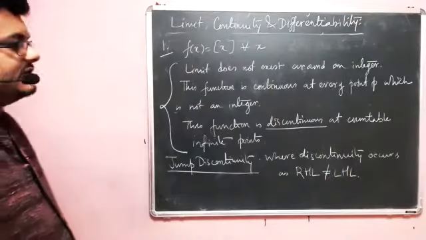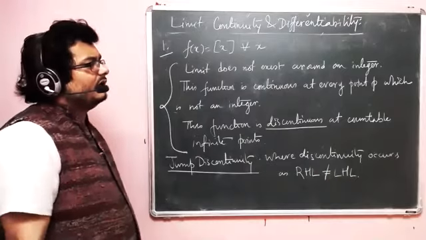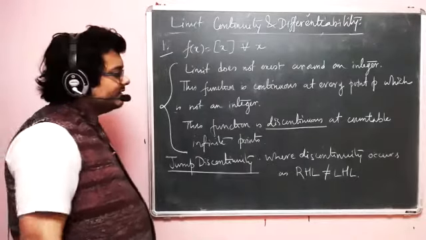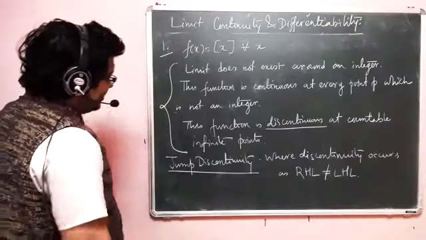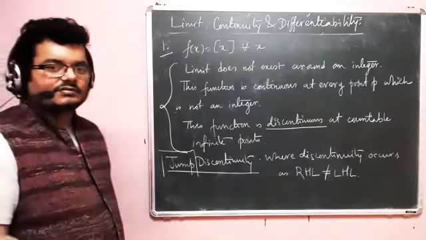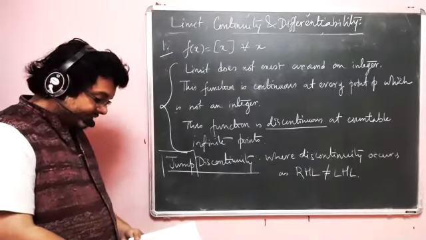So that is called jump discontinuity. Suddenly there is a jump. If you look at the diagram of the function, you will actually see that this word basically comes from the geometric pattern and not from a very strong mathematical background.